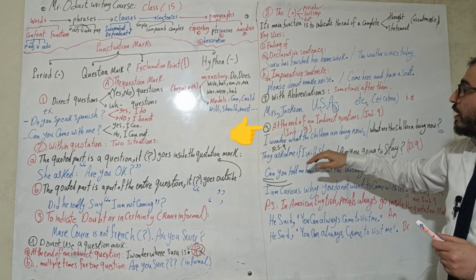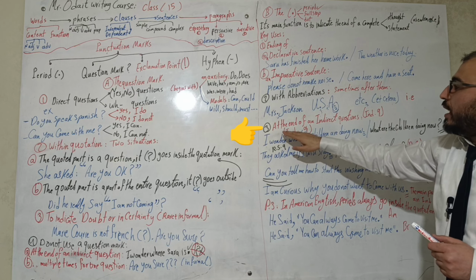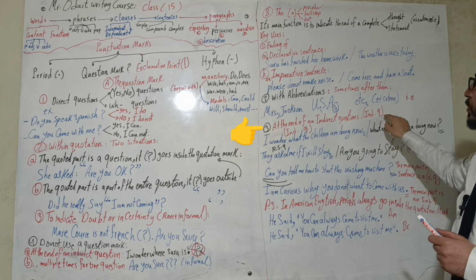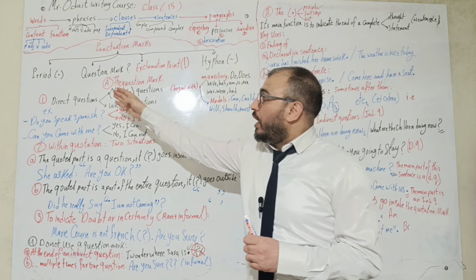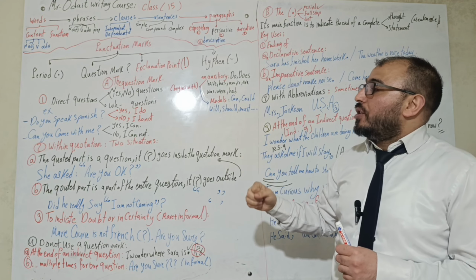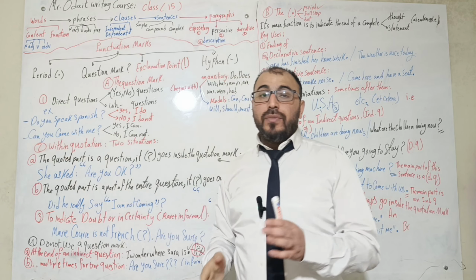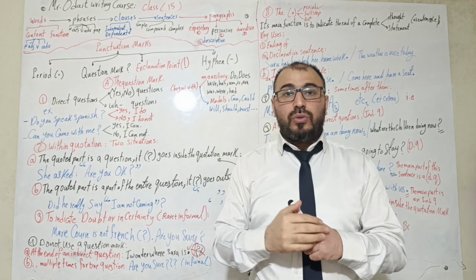And generally, my friends, the third use, we use the period at the end of an indirect question. Now, my friends, I would like to show you the difference between the direct question and indirect question. In the direct question, my friends, the question is being asked clearly and directly to the listener.